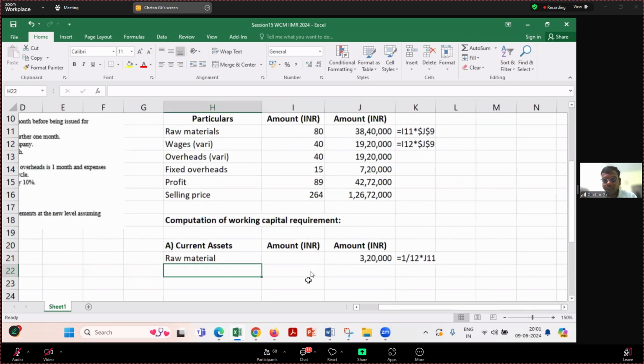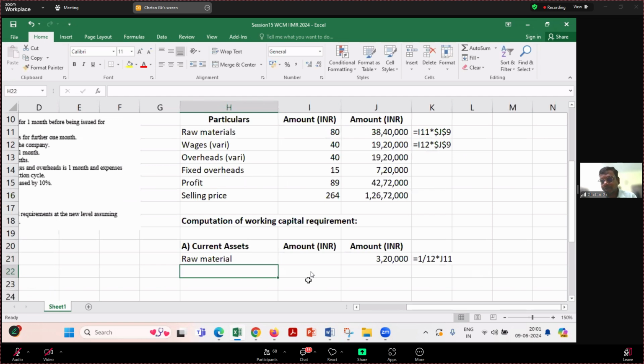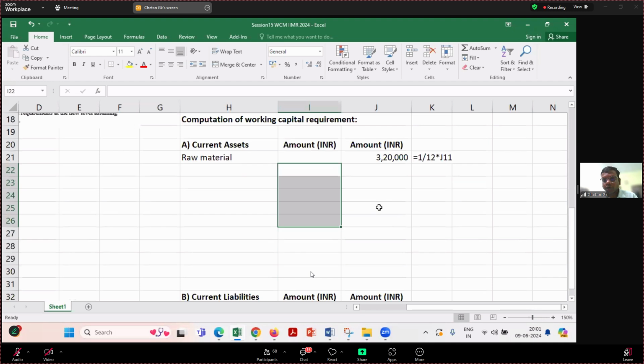So that is what I have taken care of. Why I'm not writing here and why I'm writing here, you'll come to know when I go to the next item, because some calculation is supposed to be made and then the total should go here. That is the reason we have made 2 columns: this is the inner column and this is the outer column.